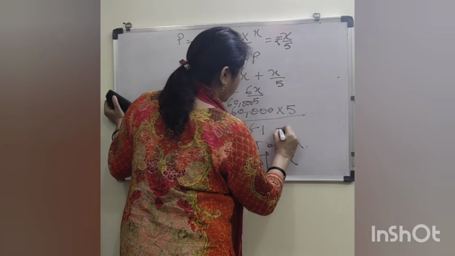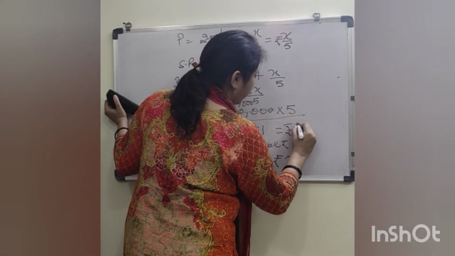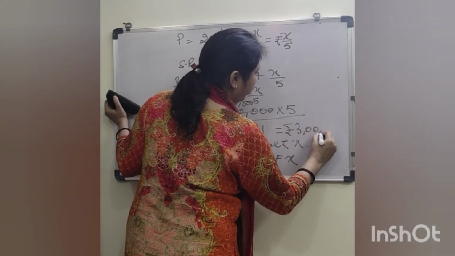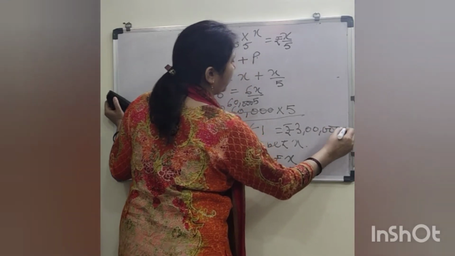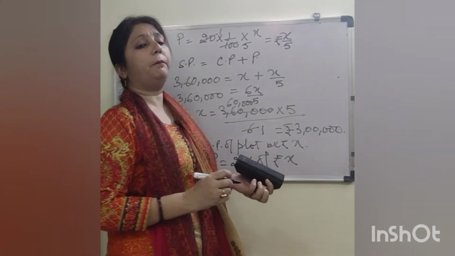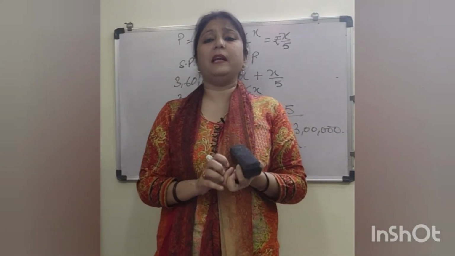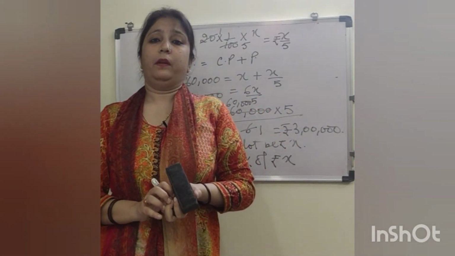So it gives you the answer rupees 3 lakh. Value of the plot, original cost, CP of the plot is rupees 3 lakhs. Is that clear?